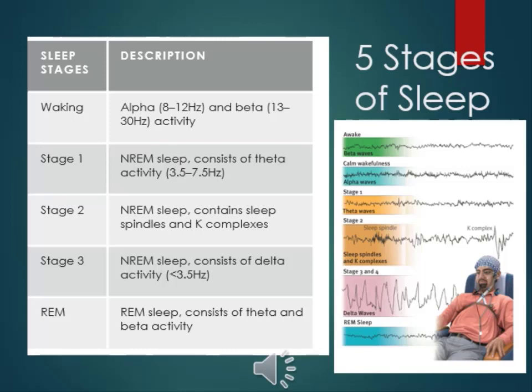In stage 2 non-REM, there's theta activity again, sleep spindles, and K complexes, and it lasts about 15 minutes. In stage 3, we have slow wave sleep, which is high amplitude delta activity sleep. It's the deepest stage of sleep, and it lasts about 1 hour and is again non-REM sleep.